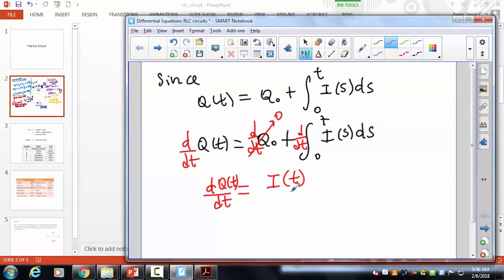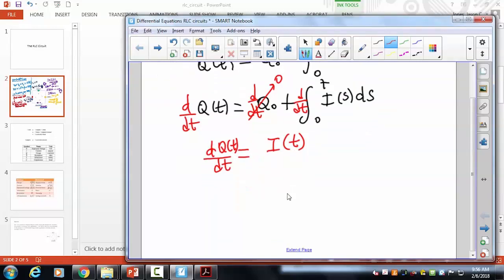The rate of change of charge is equal to the current, which also implies, differentiating again, that the second derivative of the charge equals the instantaneous rate of change of current.